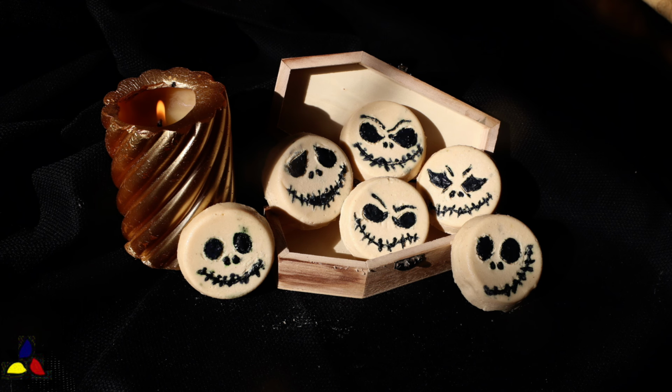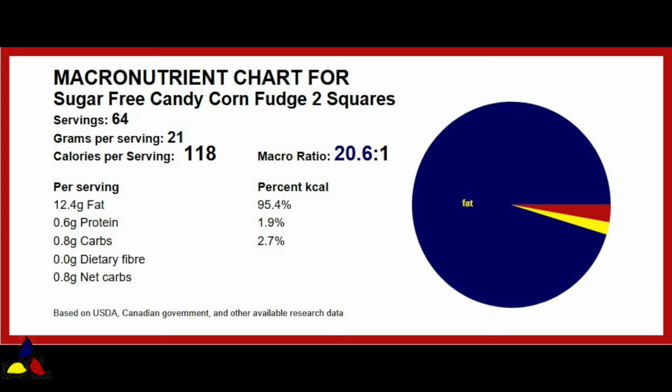I do have a video showing how to make my own white chocolate fudge, and using that, the macronutrient ratio for the candy corn fudge made with my homemade white chocolate is 20.6 to 1, with 0.8 grams of total and net carbs since there's no dietary fiber. And that's for the same 21 gram serving. So I leave it up to you.